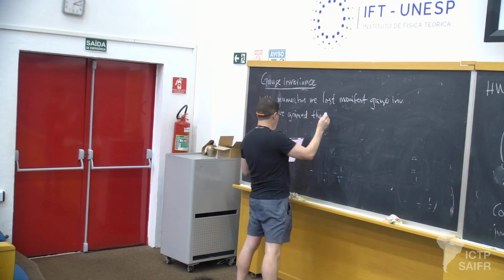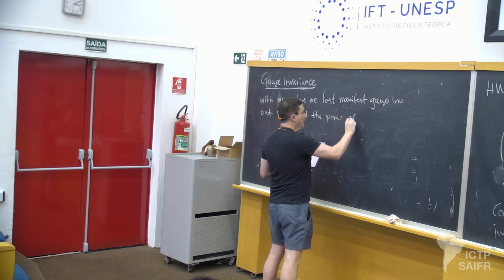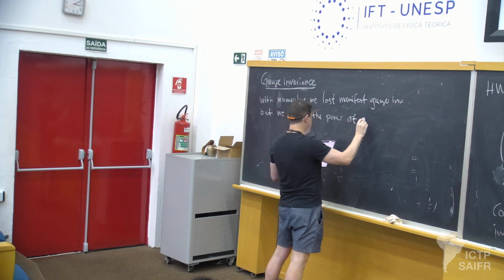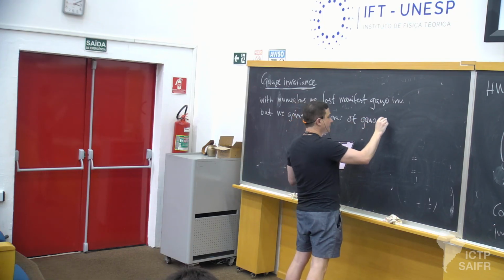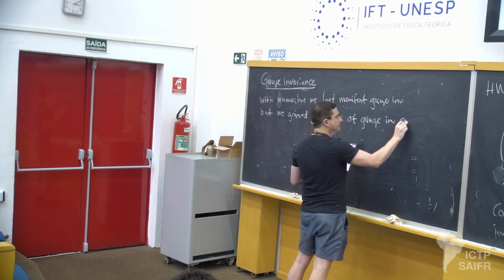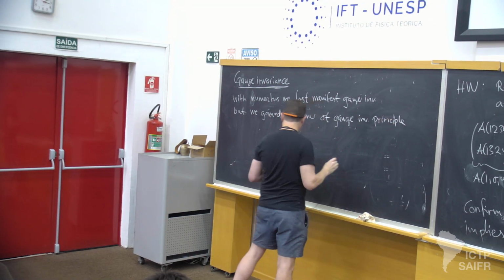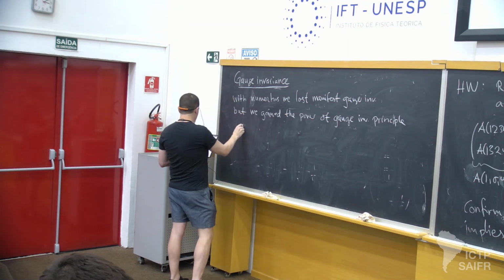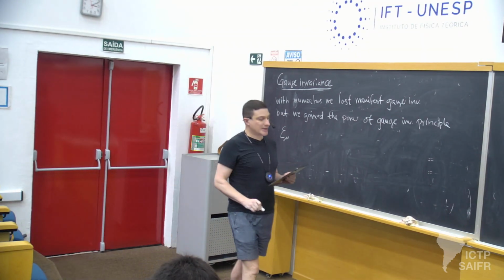We gained the power of the gauge invariance principle, or gauge transformation. So this means that we can now consider how our numerators behave under a gauge transformation.